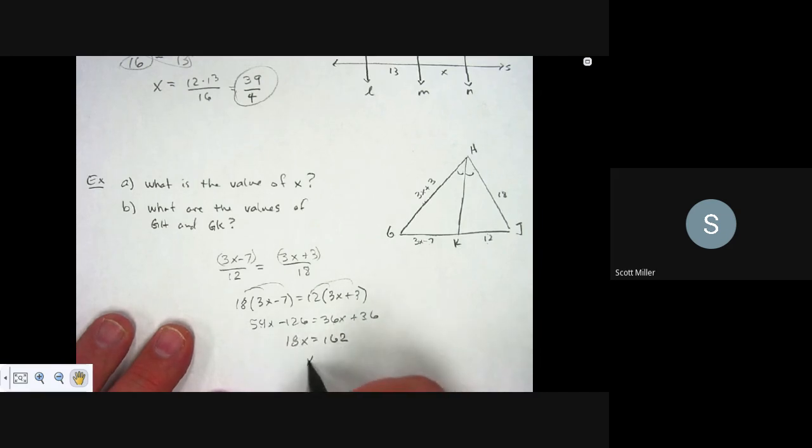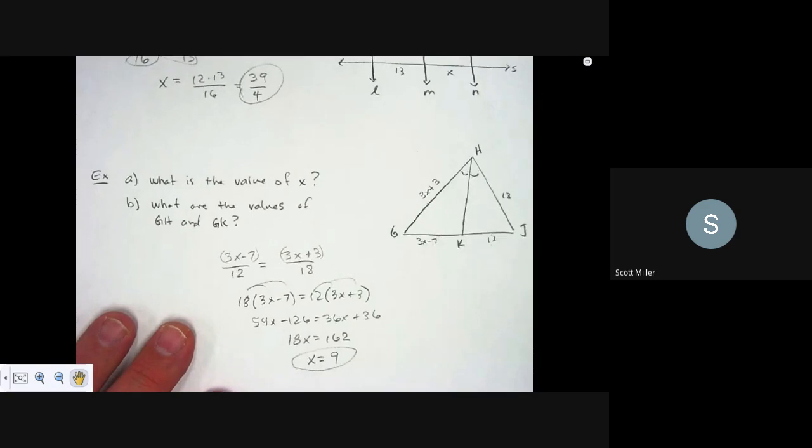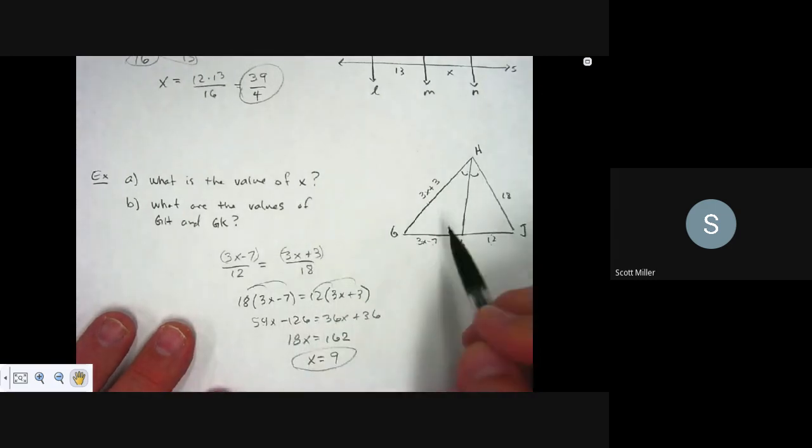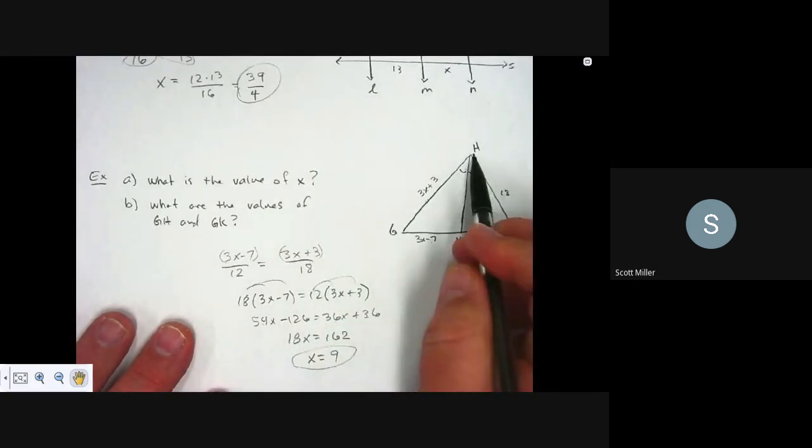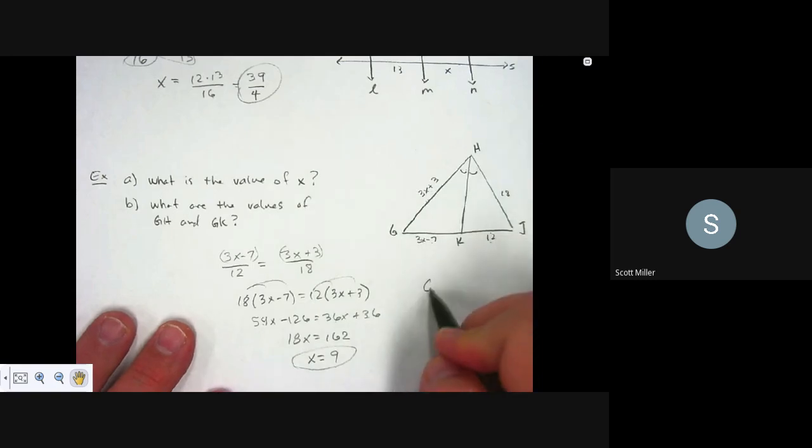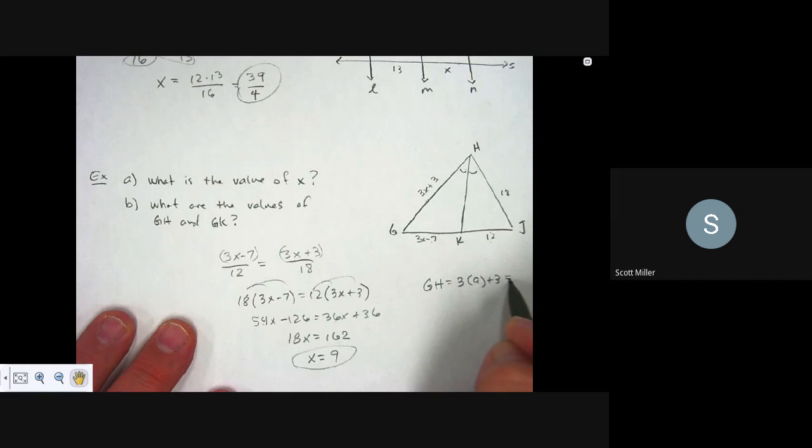Divide by the 18, and that gives me x is 9. If x is 9, then what is the length of GH? Well, I just got to plug 9 in for that. So GH is 3 times 9 plus 3, or 30. And what is GK? GK is 3 times 9 minus 7, or 20.